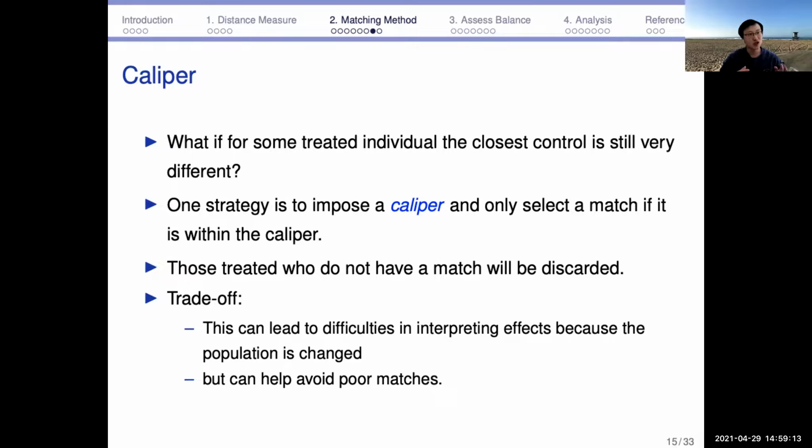So it's a matter of good data versus bad data, not good method versus bad method. And caliper is a way to salvage to some extent in the presence of a bad data set.